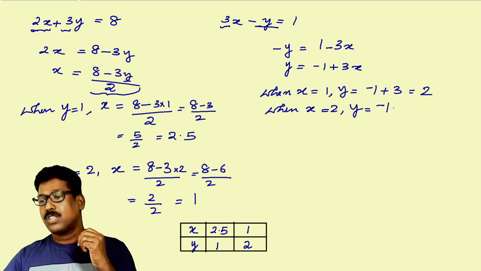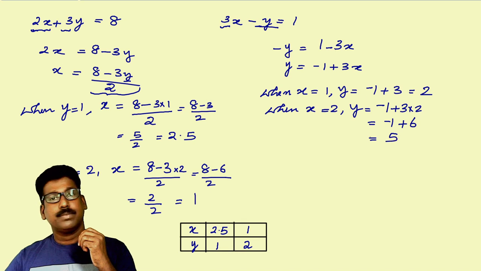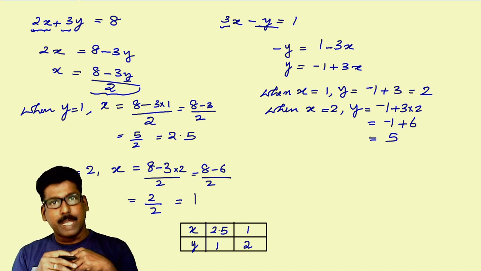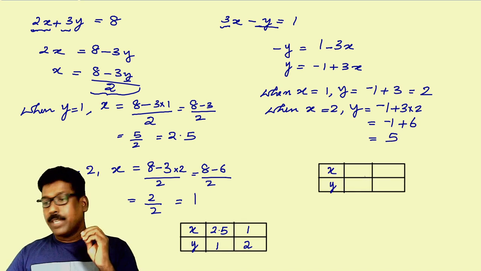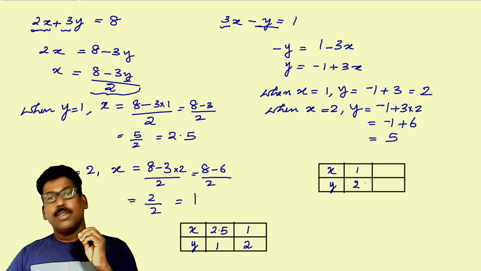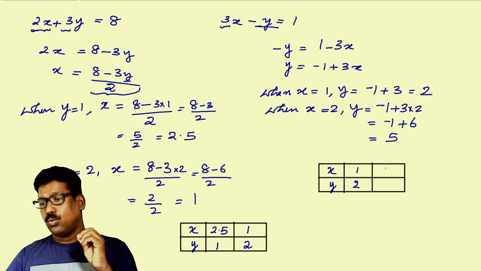It is minus 1 plus 3 into 2, that is minus 1 plus 6, which is 5. Now let me prepare a table for it. When x is equal to 1, the value of y is 2. When x is equal to 2, the value of y is 5.